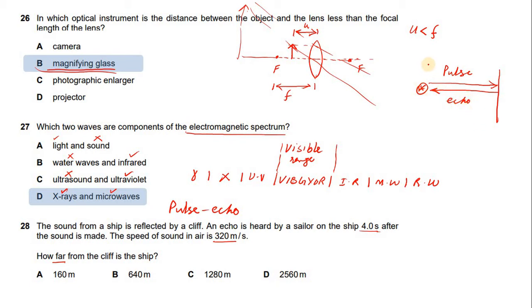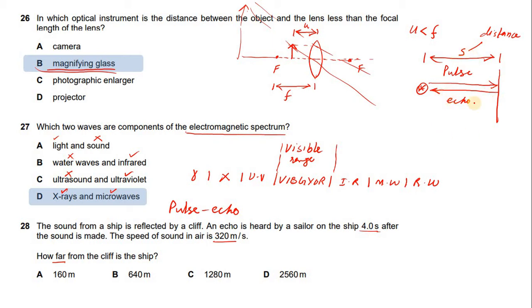And if the distance from the source to the obstacle is S, remember I am using S for distance. This is the symbol that we use in higher level, in A level. That's why I always ask my students to use S for distance, not for speed. But if you wish, you can use D. It's your choice. So S is the distance.